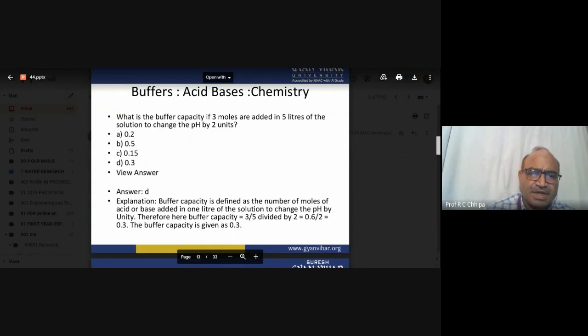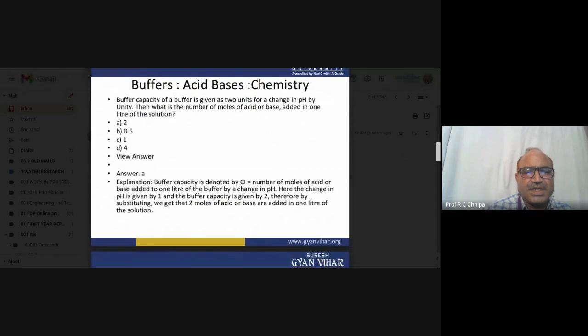So here is another question: the buffer capacity is given as 2 units for a change in pH by unity, and what is the number of moles of acid added to 1 liter of the solution? The correct answer is 2. Here is the explanation.